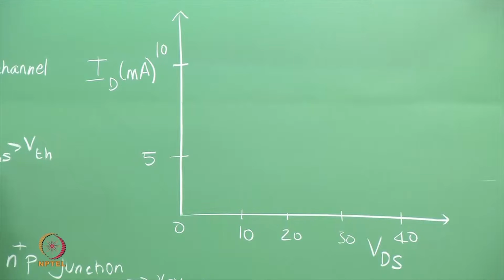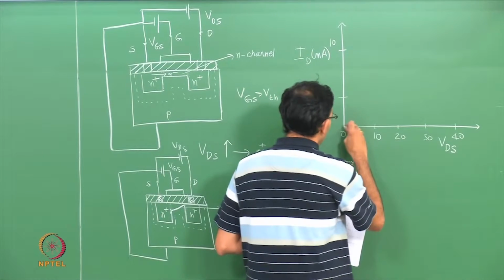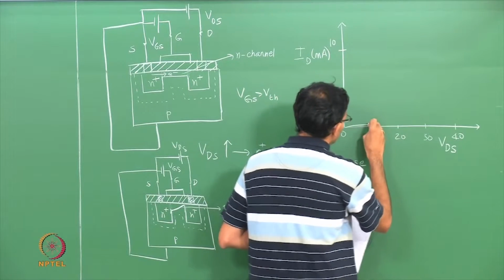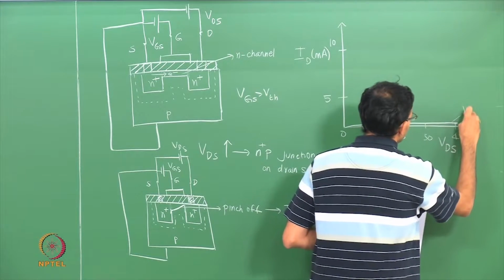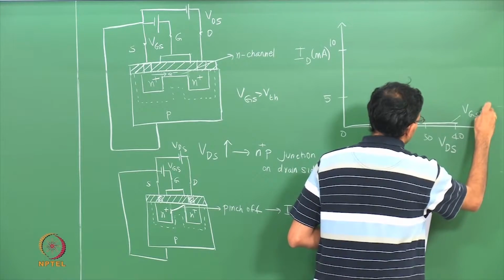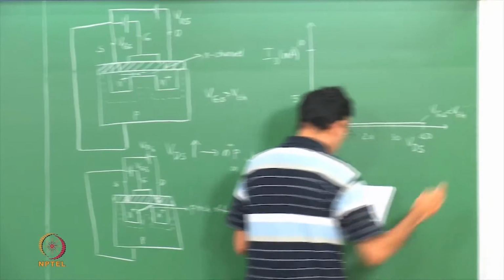If the gate source voltage is below the threshold value, the current is very small. So this is a line that is very close to the axis, as long as VGS is less than V threshold.